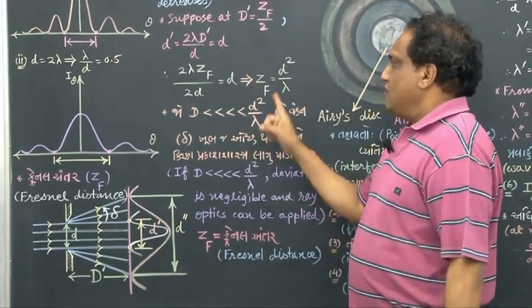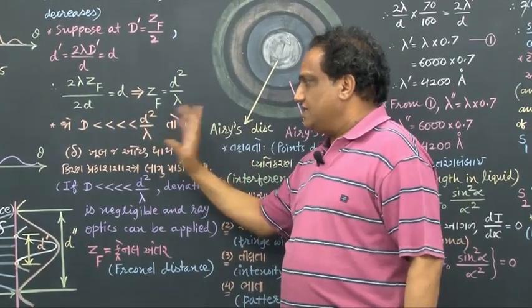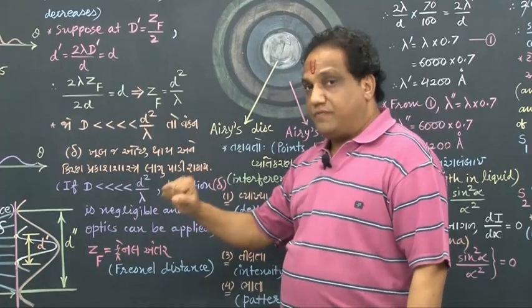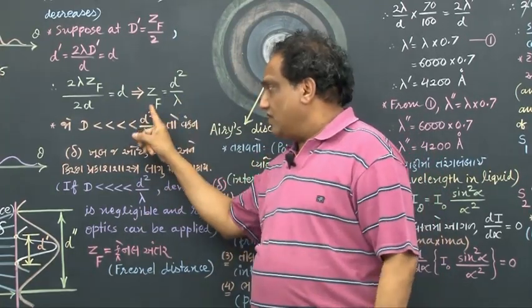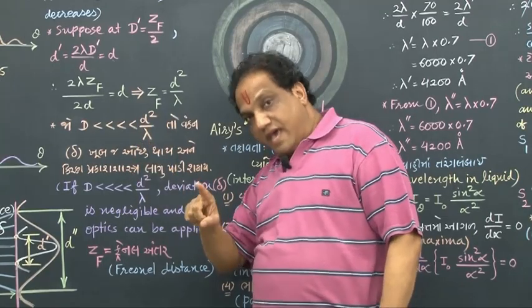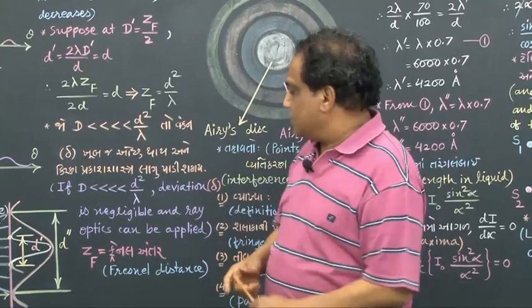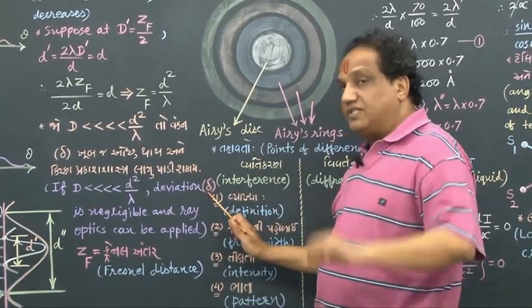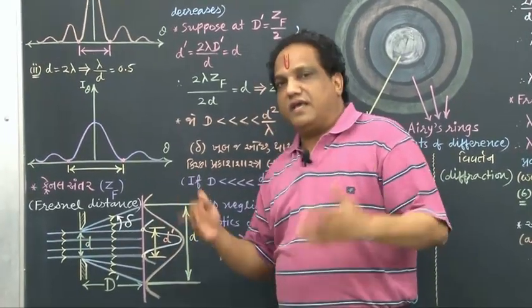So tell me, what is this ZF, or d square upon lambda? It is such a distance that if you keep the distance between slit and screen very much smaller than the Fresnel distance, then ray optics can be applied, because the deviation delta is negligibly small and light rays are passing on a straight path.